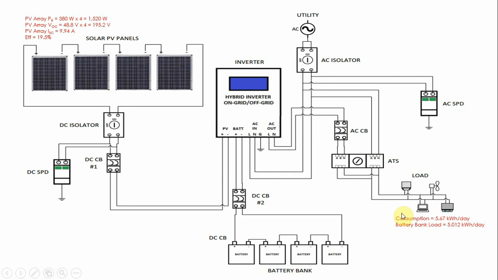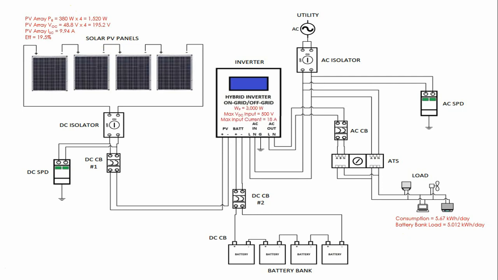In step 2 we have determined that for a daily consumption of 5.67 kilowatt hours we need 4 pieces of solar panel rated at 380 watts.